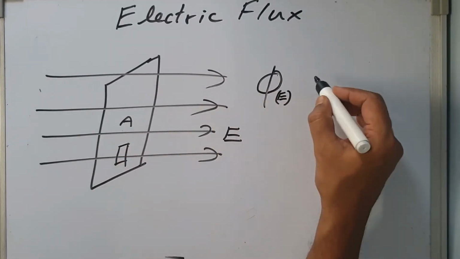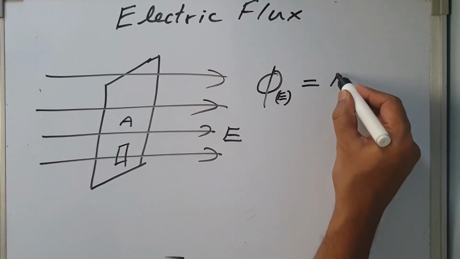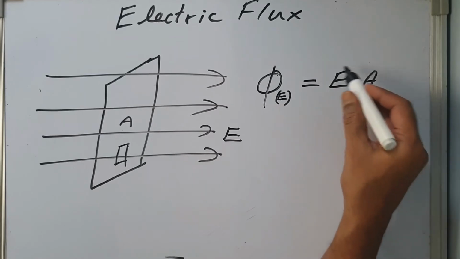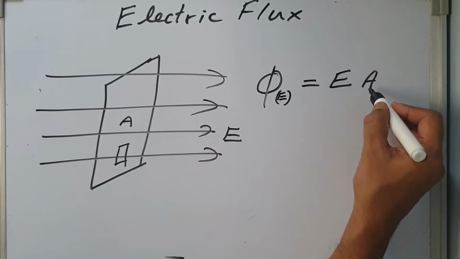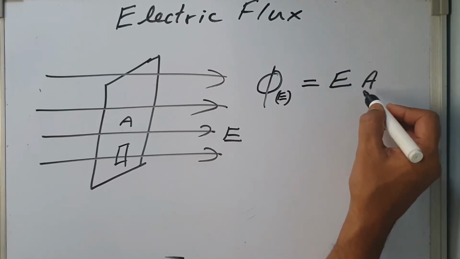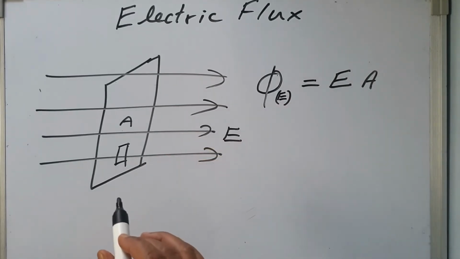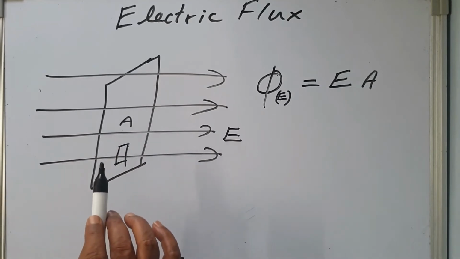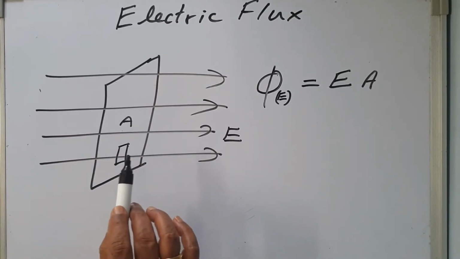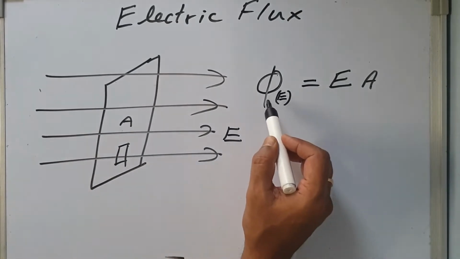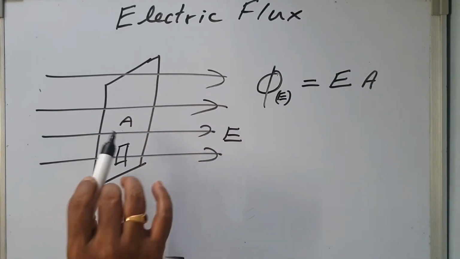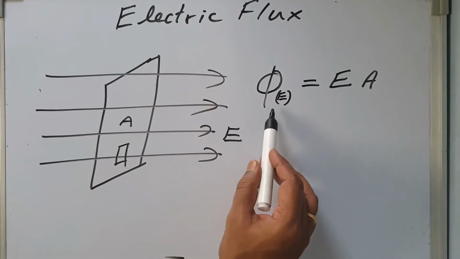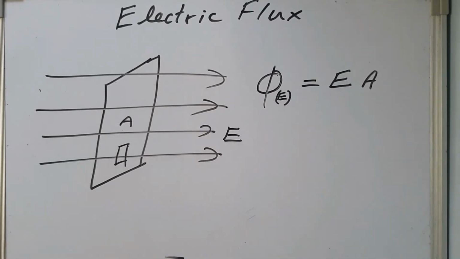Therefore, through area A, it is going to be E into A. So what is electric flux over a surface? It's the total number of lines of force passing normal, perpendicular, through that area. So if this area A shown in this figure is perpendicular to this electric field, then the flux over that surface is given by E into A.